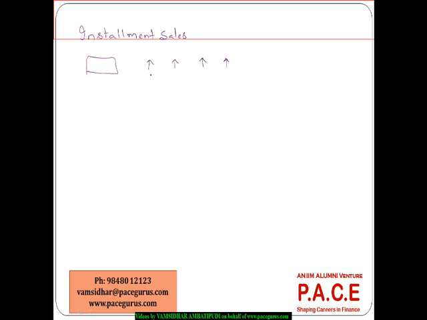The amount that the customer needs to pay in each of them is typically known in advance, decided at the time of purchase itself. So the sale is done here, the company has financed the sale. It has given a loan and it is asking the customer to pay in a few installments. So the payments are expected to come only at these points in time in the future.